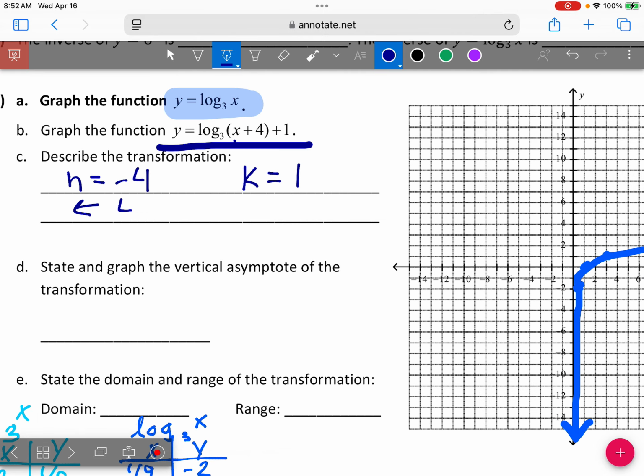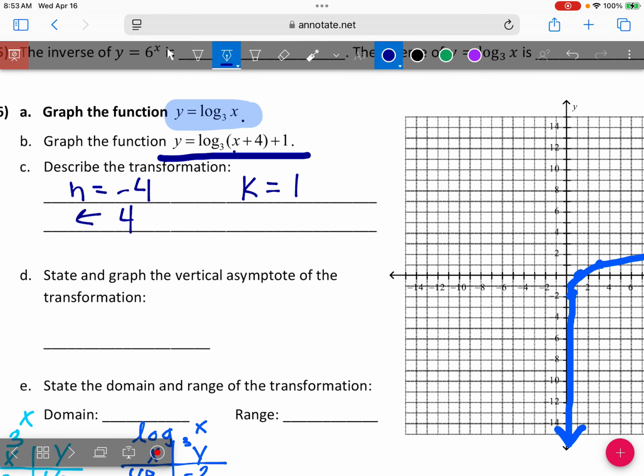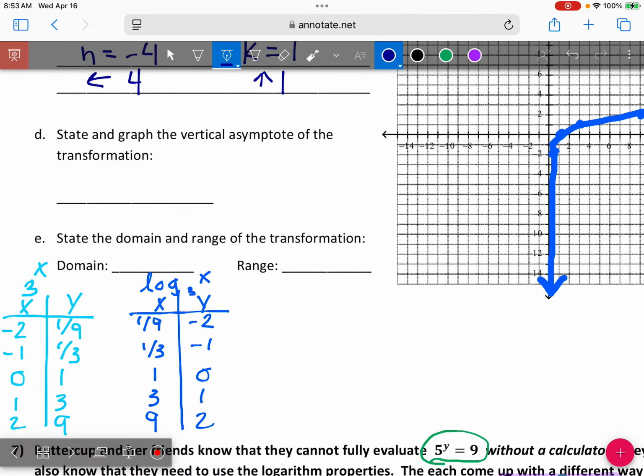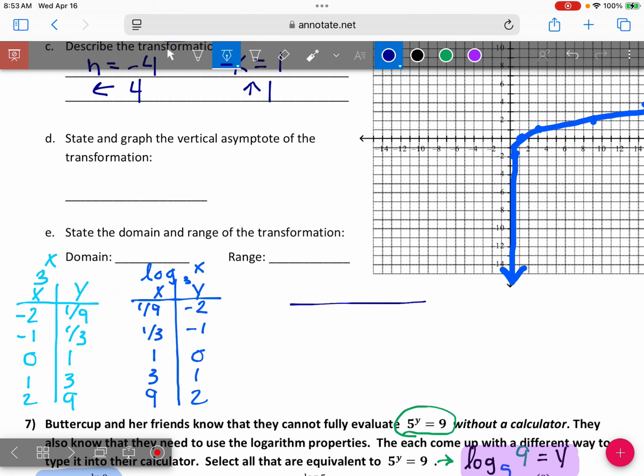So we're going to go left 4, up 1. And to get our table, we have our x plus our h and our y times a plus k. So that's where we're getting these pieces from. Our asymptote is happening at x equals h, x equals -4, and so on from there.